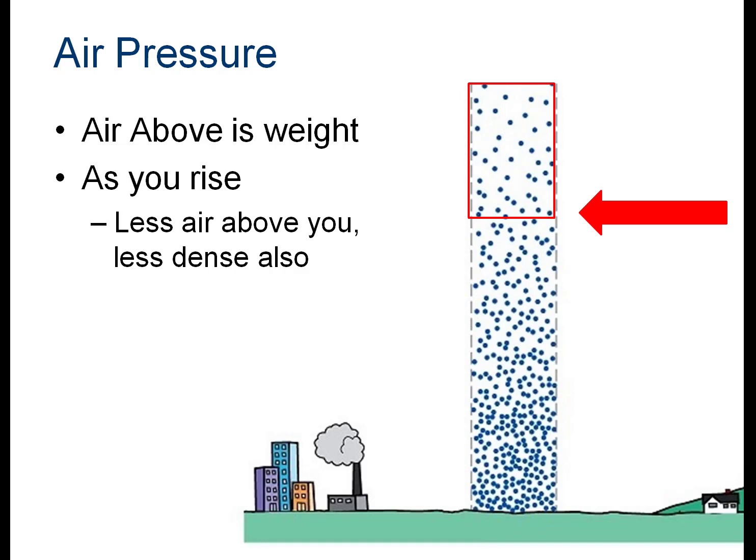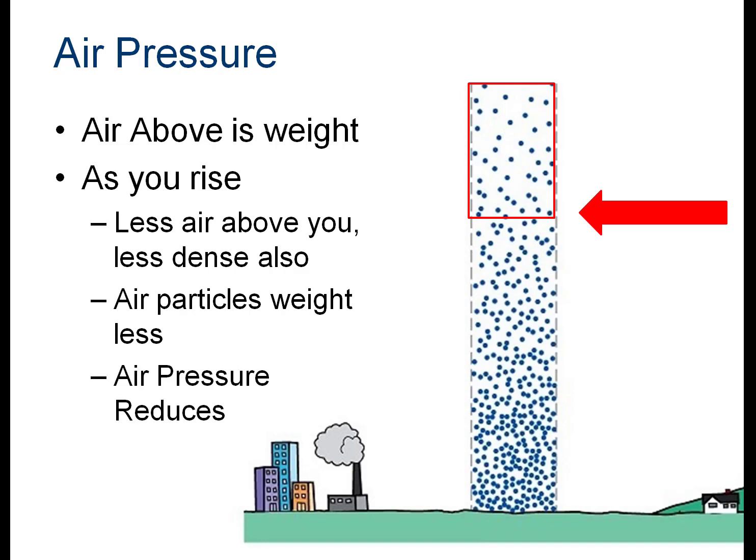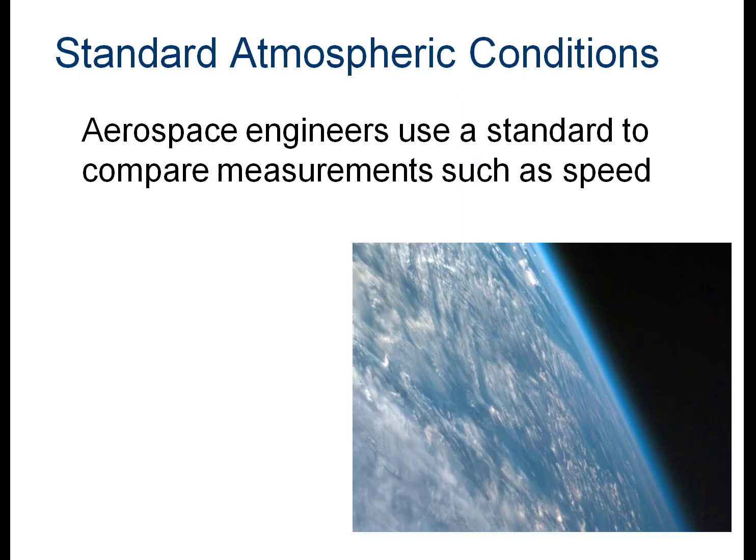Those two go hand in hand with the ideal gas law, although that's a very difficult law to apply in atmospheric conditions. Now, those air particles that are above weigh less overall, and that results in a decrease in pressure. So as I go up, the pressure reduces.